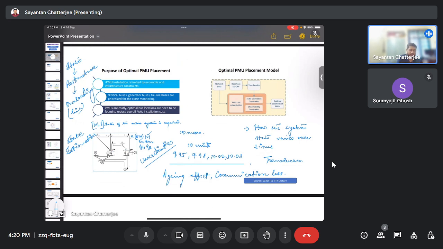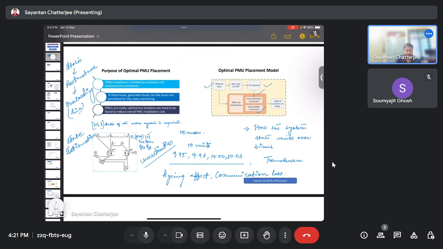Here is the PMU placement model that has been discussed, where the network data is obtained and a base case DCOPF is performed, and based on the results, the state estimation and observability constraints are met.